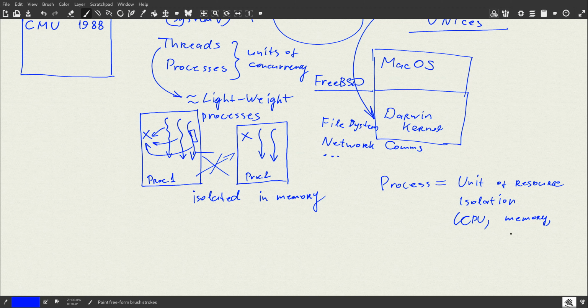File descriptors and so on are different between processes. Whereas threads are just units of concurrency.